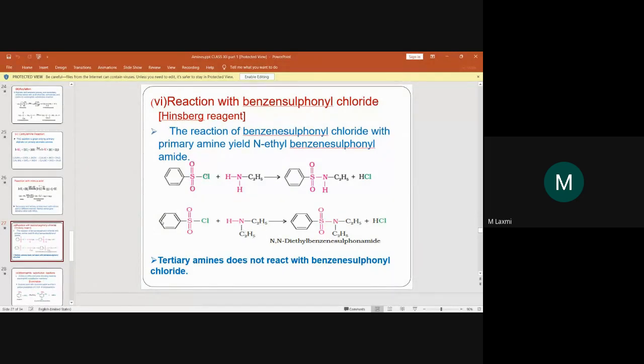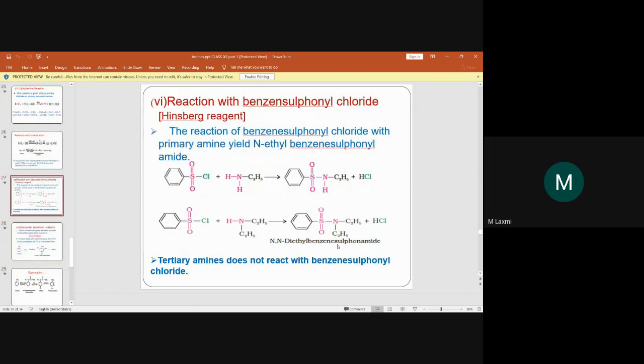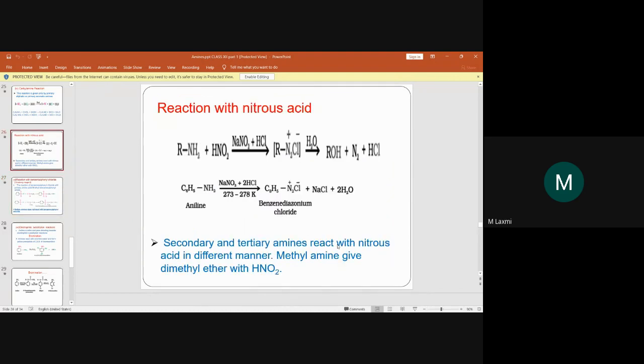Secondary amine is reacting with benzene sulfonyl chloride. So what product did you get? N,N-diethyl benzene sulfonamide. Tertiary amines will not react with benzene sulfonyl chloride. So this test can be used to differentiate tertiary amine from primary and secondary. In a mixture, primary and secondary will form a sulfonamide while tertiary will not react. So in this way, you can differentiate, right?